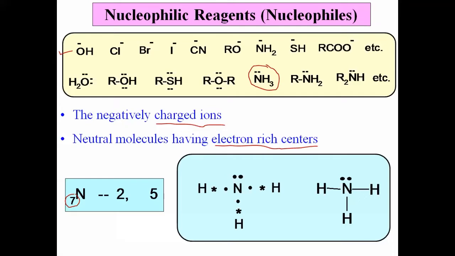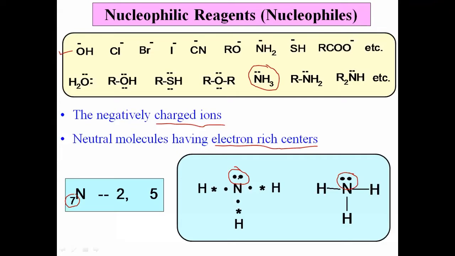But that NH3 molecule now has two non-bonded electrons; these two electrons do not participate in the bond formation. They are not involved in the sharing. They are called the unshared electron pair, lone pair of electrons, or non-bonded electron pair.